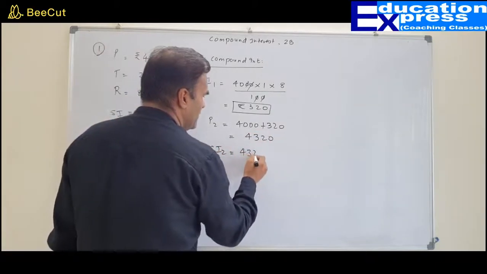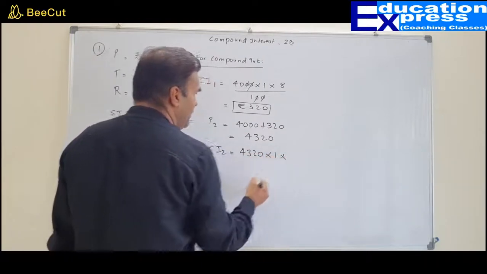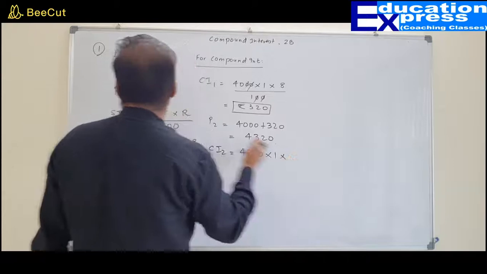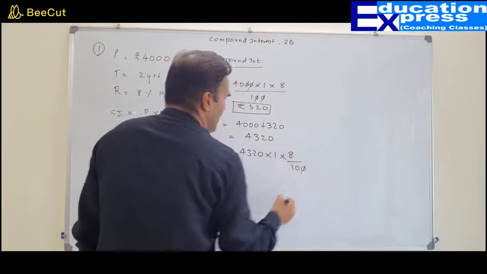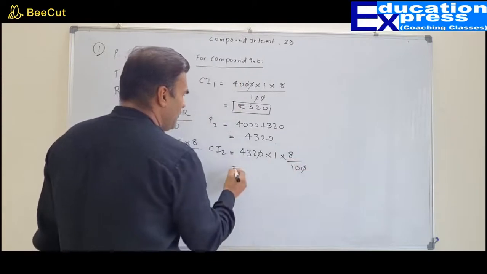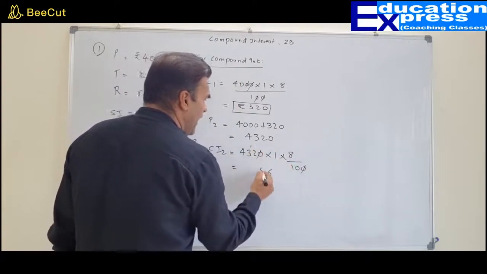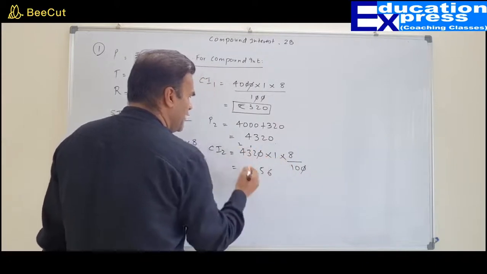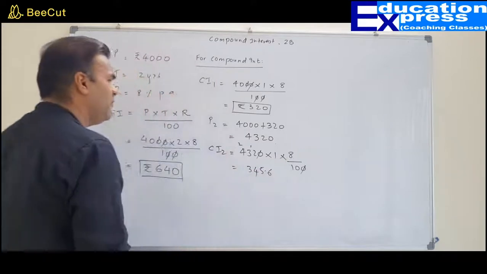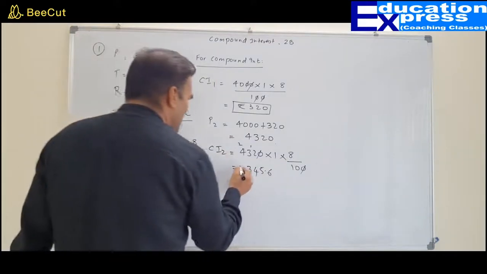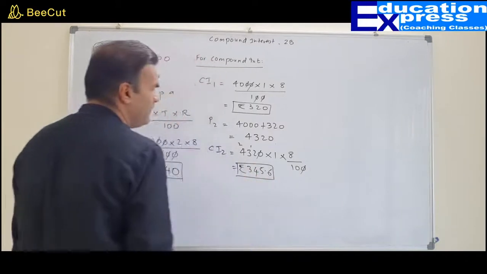P, this is the principal, into T, that is time, 1 year, R, that is rate of interest, which is 8%, upon 100. 0 cancels 0. 8 2s are 16, 24, 25, 32, 33, 34. Your answer would be 345.60. This is nothing but the interest for the second year.